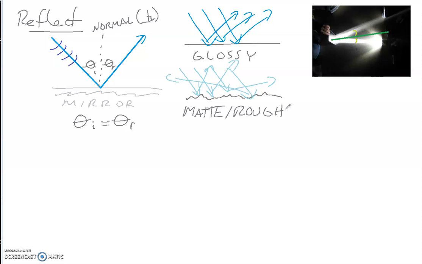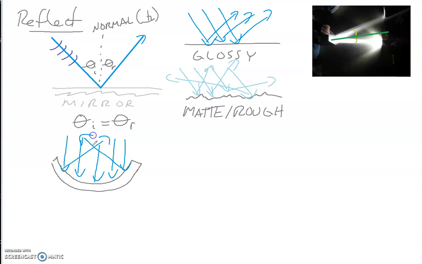We can often actually manipulate reflection as well. For example, if you take a curved shape, something like this, and you have the waves coming in something like this, when they reflect back, they will actually make a focal point.